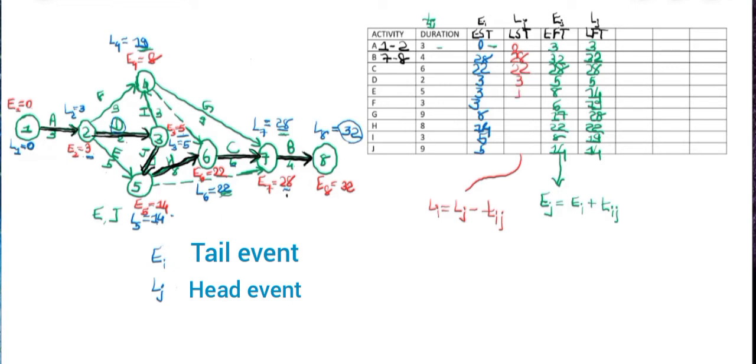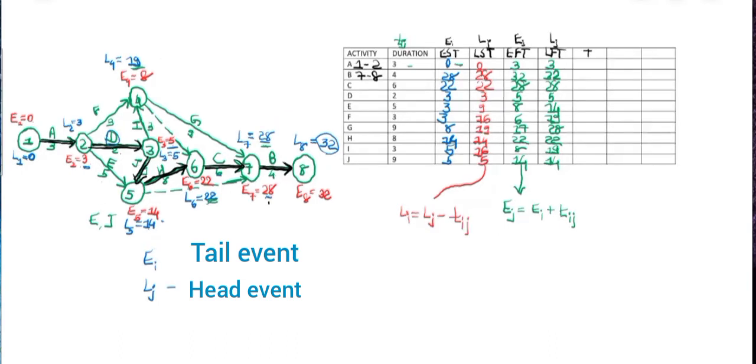Then 5 minus 2, which is 3. Then 14 minus 5, then we get as 16, 19. Here it will be 22 minus 8. So get it as 14. Then 19 minus 3. So it will be 16. And 14 minus 9. So this will be 5.